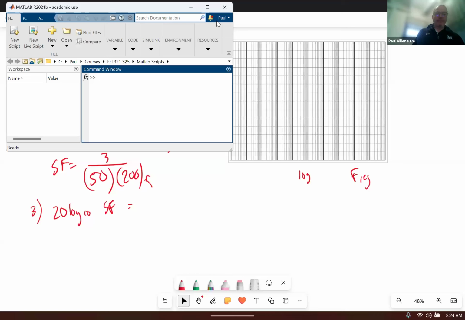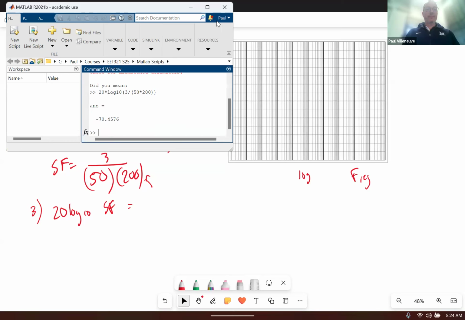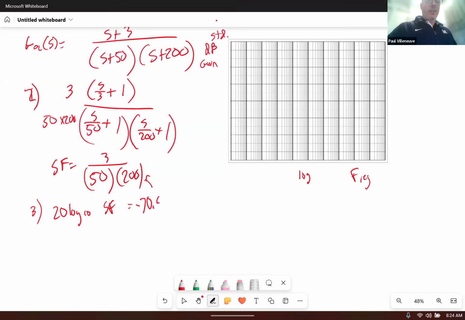So I go 20 times log 10. In MATLAB, you've got to use log 10 because if you just type log, it's the natural log, of 3 divided by 50 times 200. Oh, I forgot to close the parenthesis. Minus 70.4576. Minus 70, we'll just call it 70.5 dB.